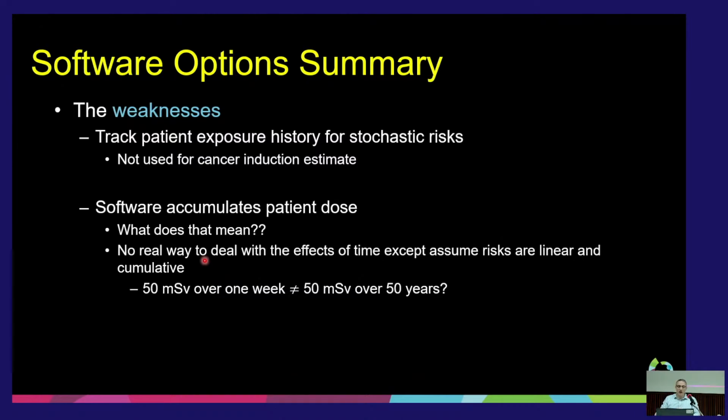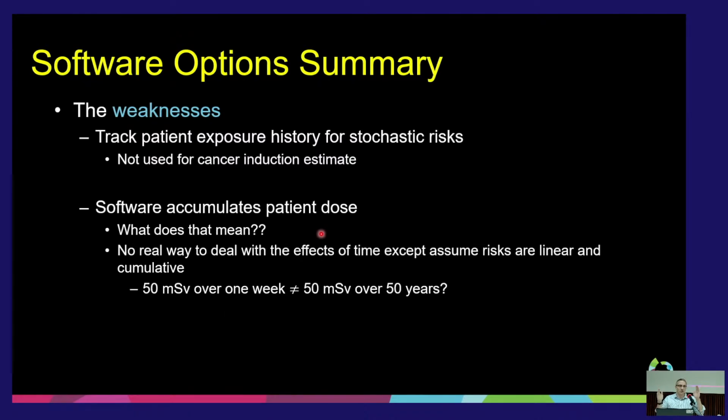And so to accumulate dose and say patient XYZ got a certain dose doesn't explain the difference in time points. It doesn't say that maybe there was a 2-3 year difference between those exposures. If a patient gets a CT scan today and gets a CT scan 3 years later, we shouldn't necessarily look at the risk as accumulated.